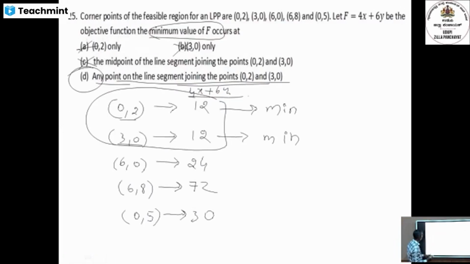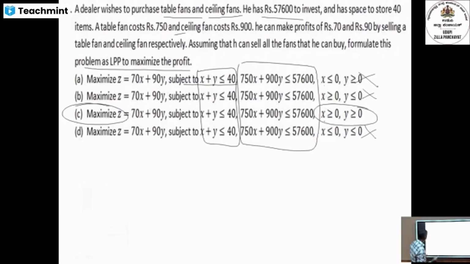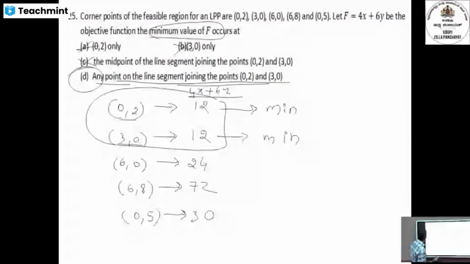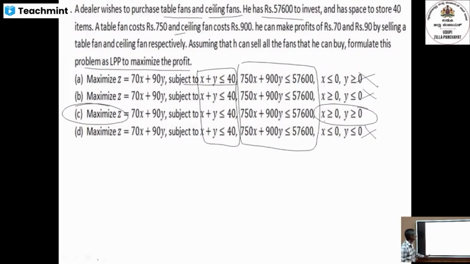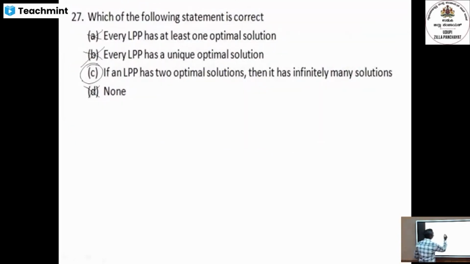So in a line segment, how many points are there? A and B, how many points are there on the line segment? Infinitely many points, correct? So if an LPP has two optimal solutions, then it has infinitely many solutions.